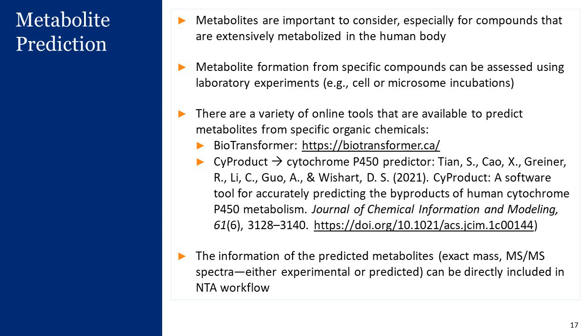So what you can also do is use prediction software tools, such as those that are listed here. Biotransformer and SciProduct are two of them that allow you to predict potential metabolites, and the information on these predicted metabolites can then be directly used in your non-target analysis workflow. So for example, to include in the suspect screening list to specifically also look for these metabolites.